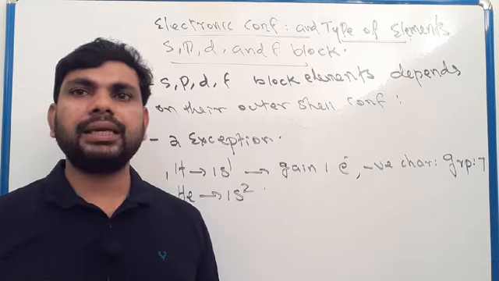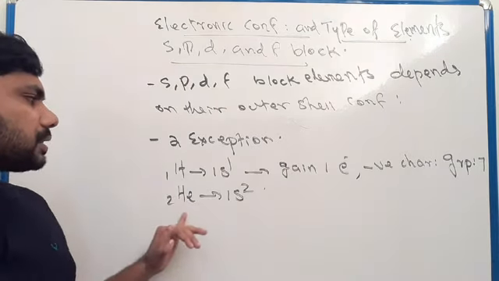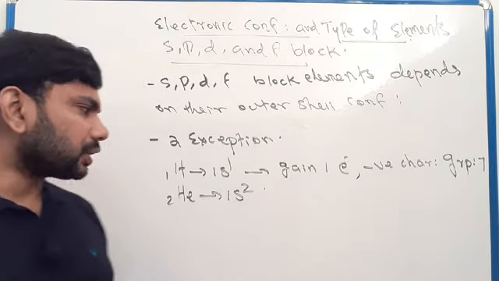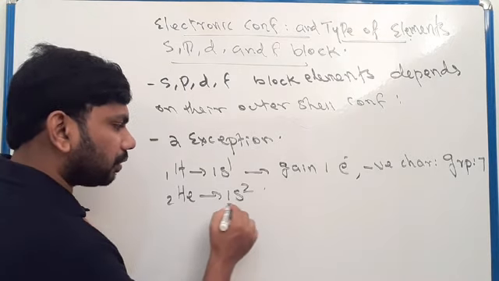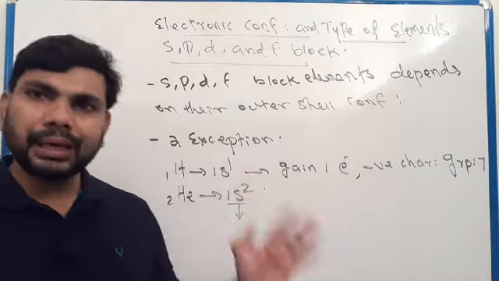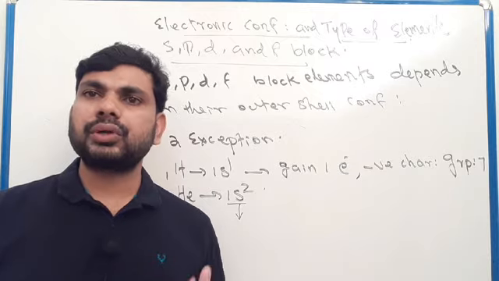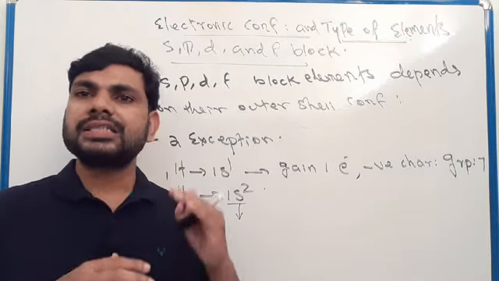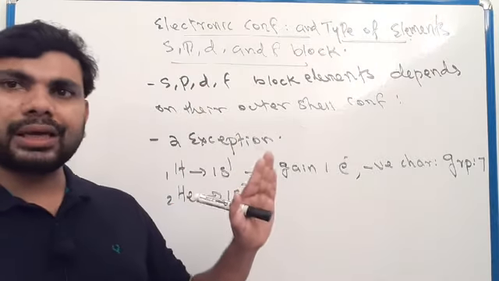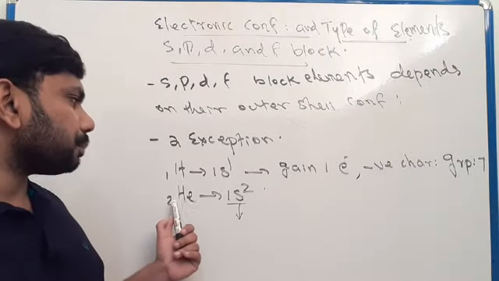Here helium has atomic number 2, 1s2. Based on outer shell electronic configuration it should be in the s block, but helium is included in the p block with group 18, because helium, neon, argon, krypton, xenon have similar properties. That's why helium is put in the p block with group 18, not in the s block. So this is one exception case.